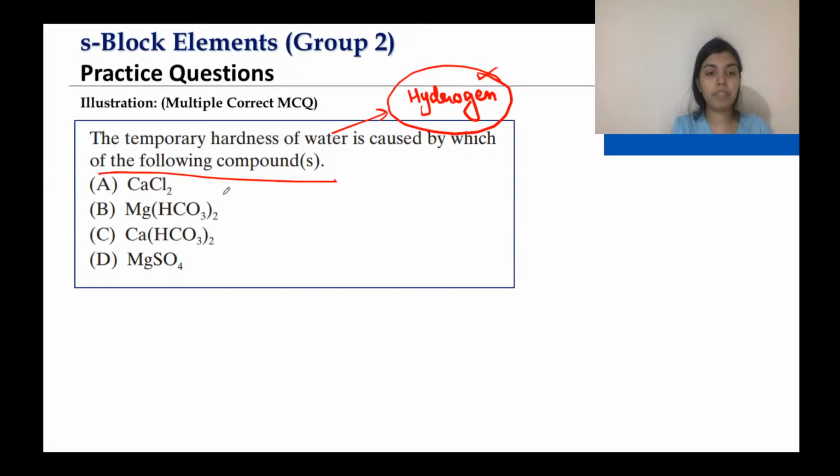A, B, C, D. Which among the following are responsible for temporary hardness of water?